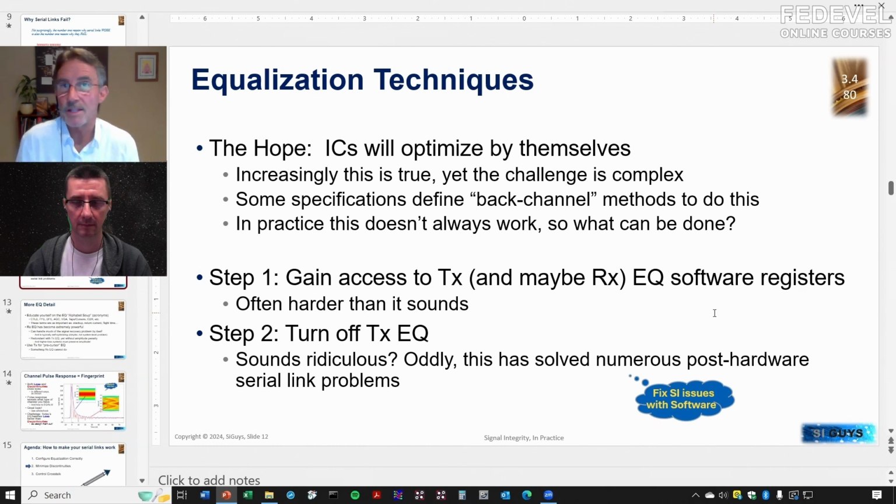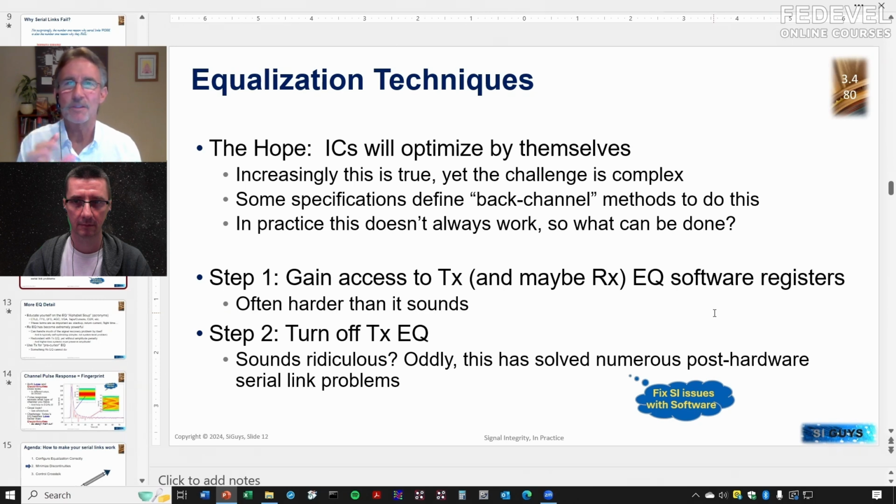You can override them, if you will. Most of the time they're going to be unique to your component. So you're going to get a software design kit with your component that has registers, and then it's going to have some equalization registers in there.